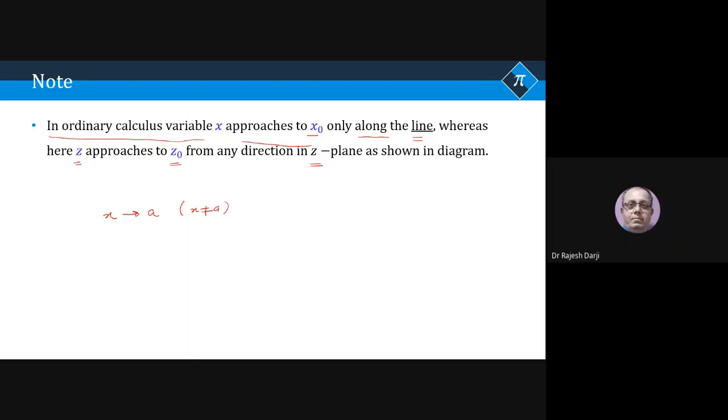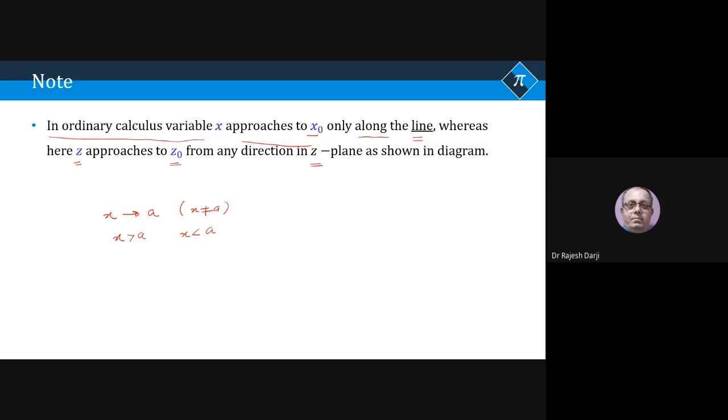What do you mean by x is not equal to a? x की वैल्यू a नहीं है. So there are two possibilities. Either x is greater than a or x is less than a. X is A पर पहुंचेगा ही नहीं कभी भी. In both cases, whenever x is greater than a or x is less than a, x tends to a.